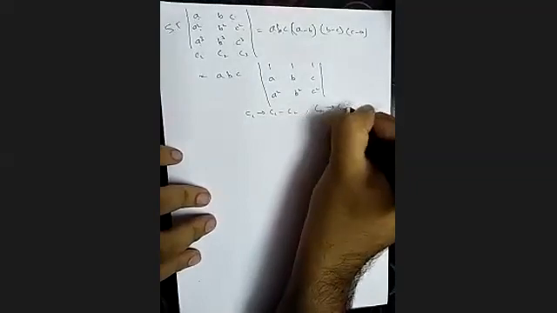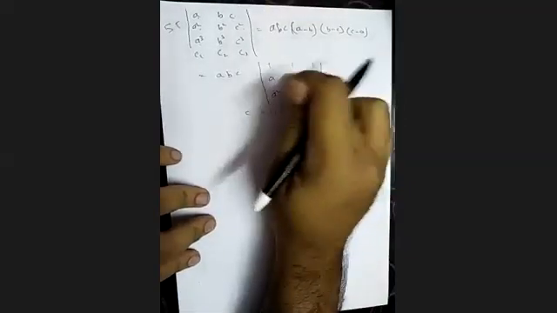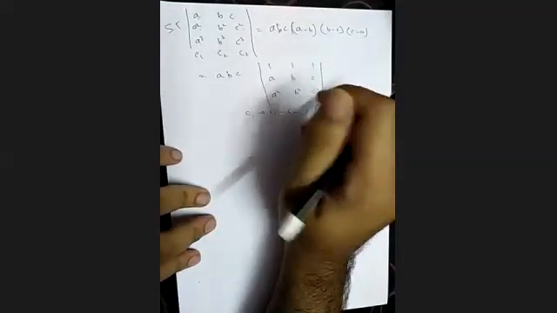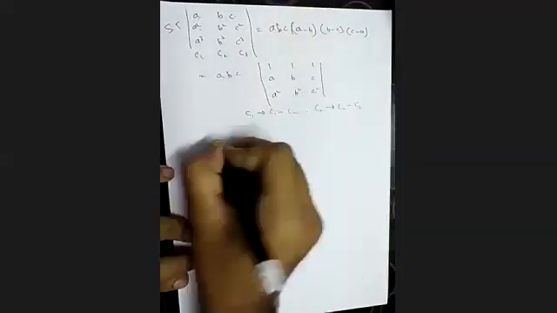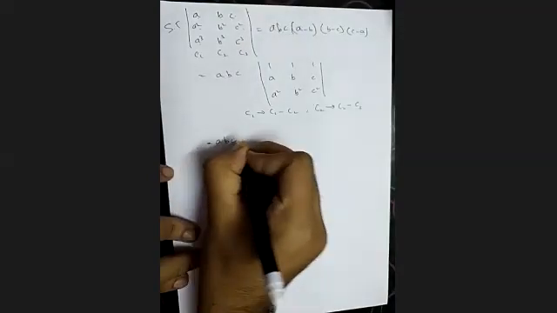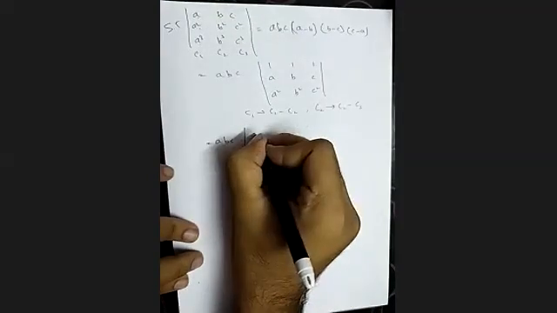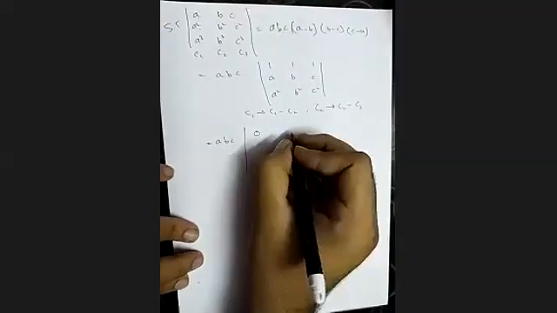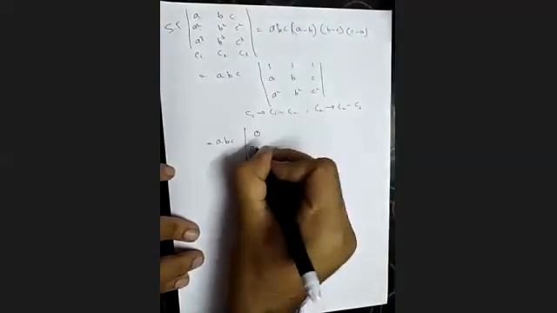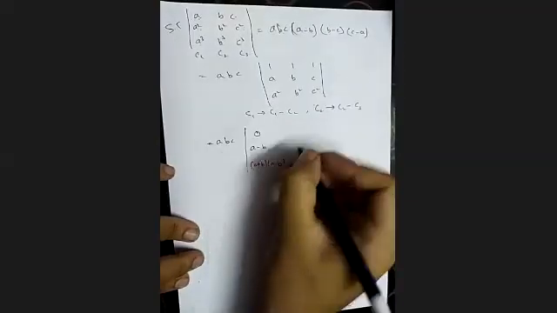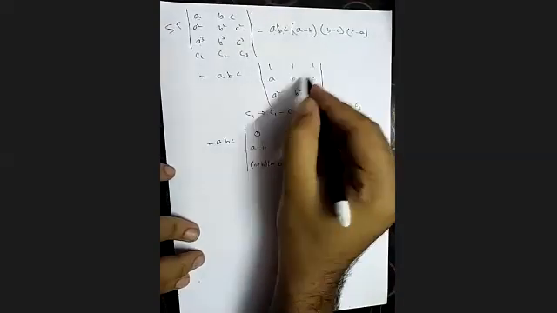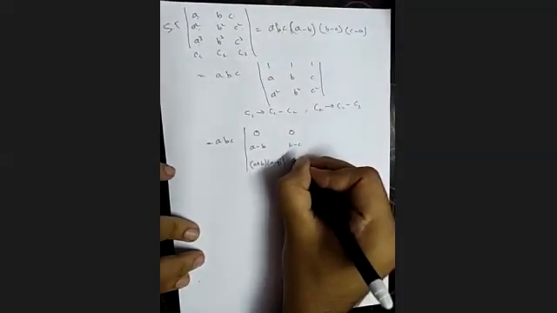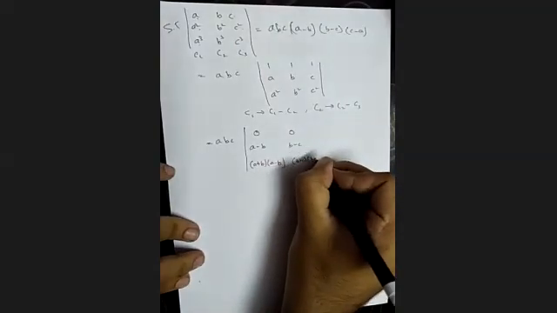C2 becomes C2 minus C3 to get b minus c. Now a, b, c will be same. 1 minus 1 is 0, a minus b, 0, b minus c.